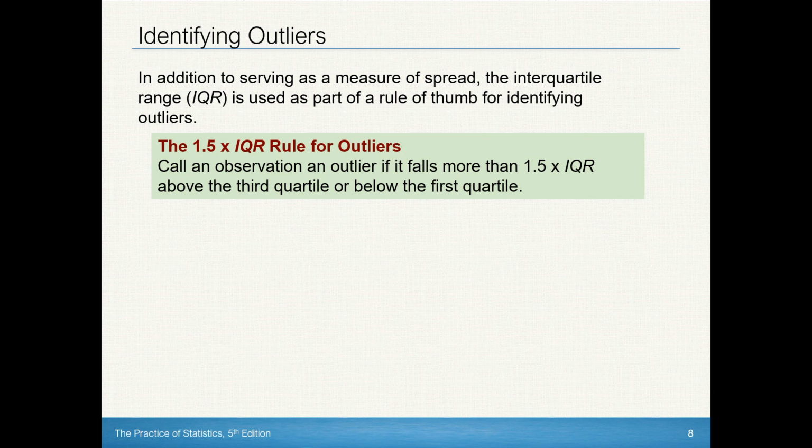He passed not too long ago. He was talking about this rule to his students, and they said, why is the rule 1.5 times IQR? And he said, well, I thought that 1 was too small and 2 was too big. And so the idea is that Professor Tukey just came up with it because it felt right. Now, it felt right because he had a lot of experience dealing with data, but it wasn't scientifically derived.